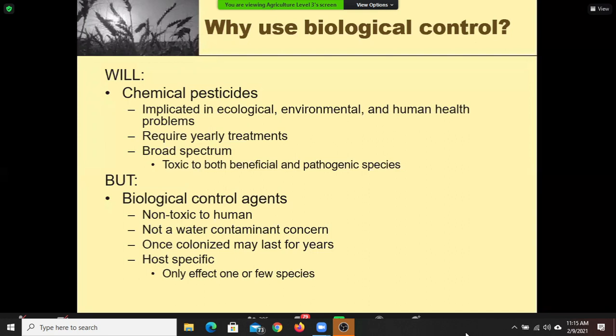chemical pesticides actually cause problems to the ecology, to the environment, and they cause problems to human health as well. And chemical pesticides require yearly treatment, not only yearly treatment, but also frequent treatment. Even to cultivate rice, for example, we need to spray chemical pesticide 3 to 4 times within 3 to 4 months. Okay, and these are broad spectrum. It means the chemical pesticide is toxic to both beneficial and pathogenic species.